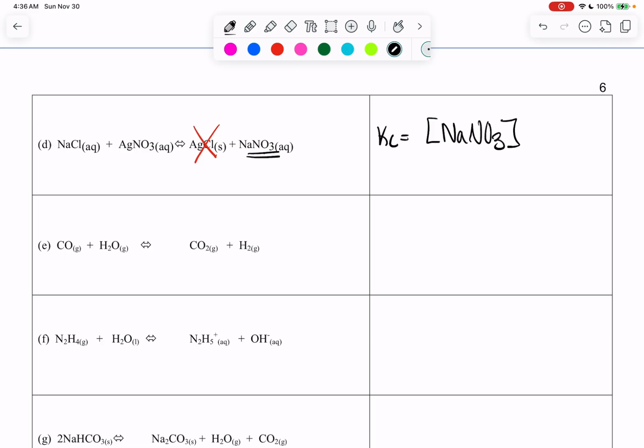Again, it doesn't have a coefficient in front of it, so we just assume that that 1 is imaginary over the concentration of NaCl. Again, to the power of 1, I'm just not going to write that. And silver nitrate to the power of 1.